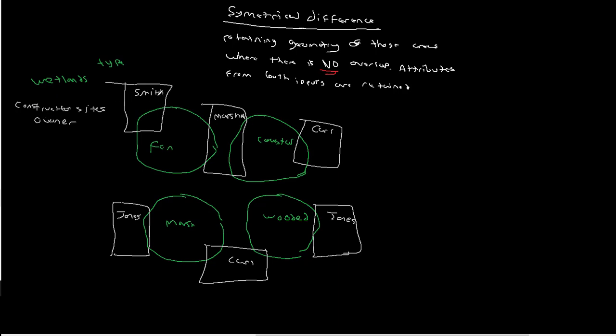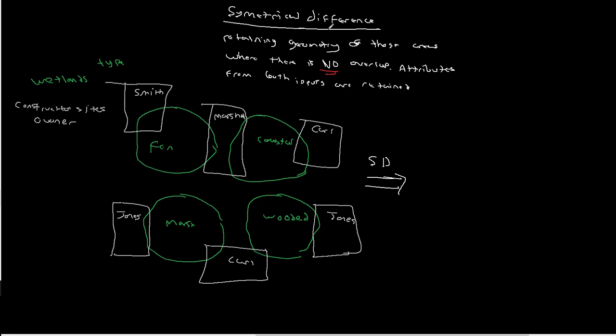I've just labeled them. So Smith is the owner of this construction site. Fen is the type of this wetland. Okay? And so let's go ahead and run symmetrical difference, which I'm going to call SD for short.